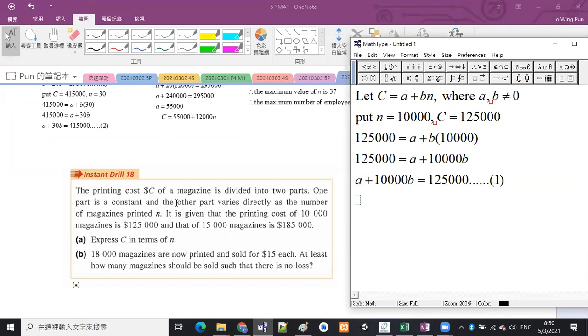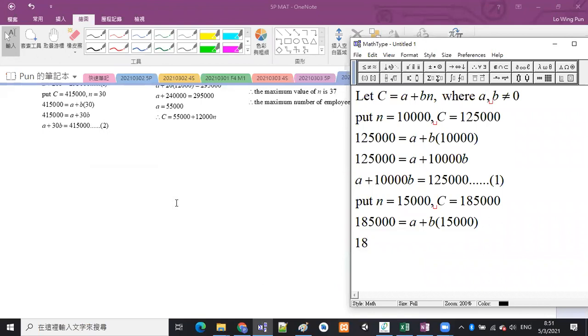And the second group of number is very clear. Is that we need to put N to be 15,000 and C to be 185,000. Okay, and the equation becomes 185,000 equals A plus B times 15,000. Okay, simplifying the numbers, A plus 15,000 B, and then write the unknowns on the left and the numbers on the right.